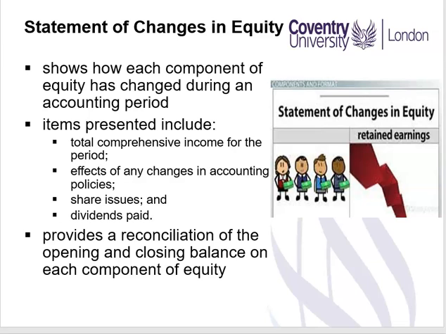In essence, the statement of changes in equity shows how each component of equity has changed during an accounting period. So items presented will include the total comprehensive income for the period, which we've just discussed in the previous section, effects of any changes in accounting policies, so prior year adjustments, for example, share issues if the company issues new shares during the year, and of course, dividends paid during the period.